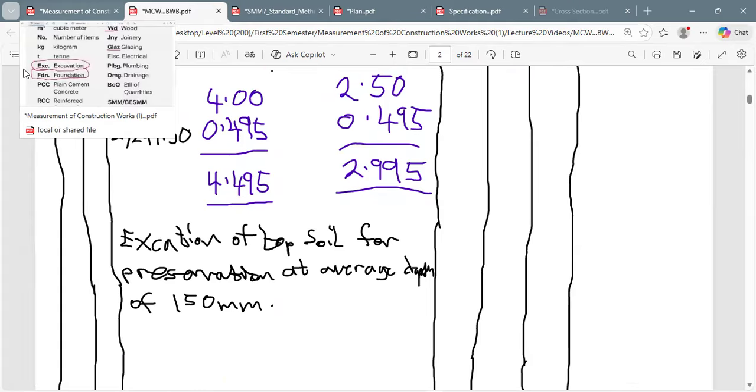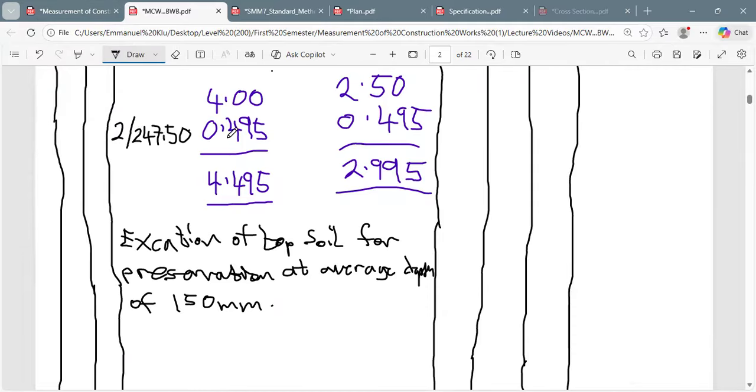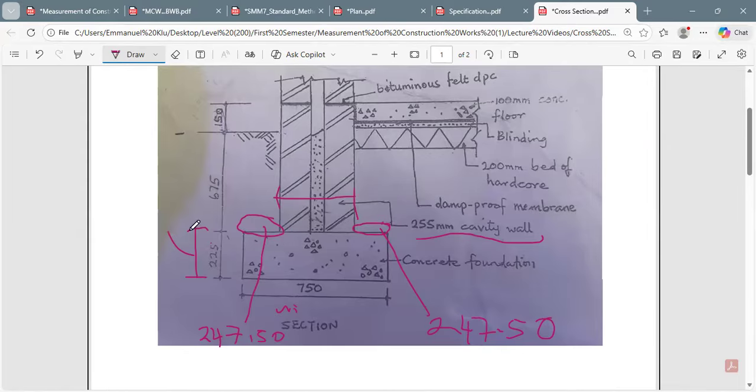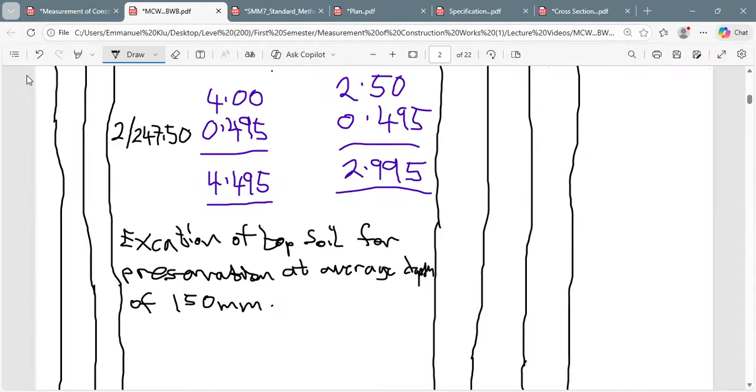Or better still, the spread that comes with the foundation in the cross section. This spread over here, we multiply by 2 and add to the length, to be able to get this value.